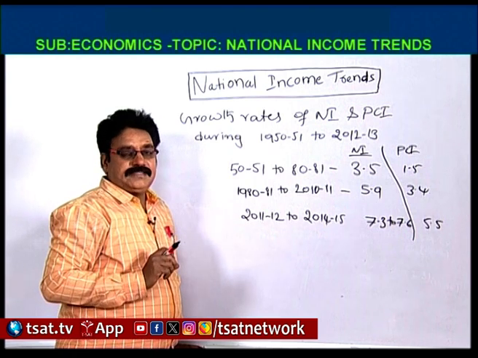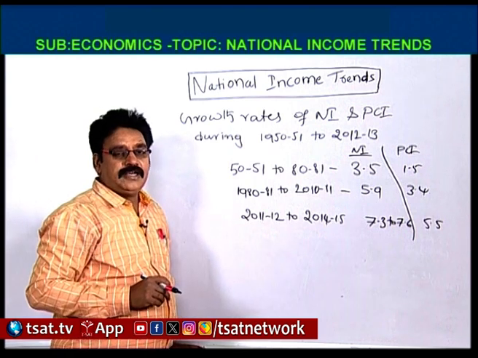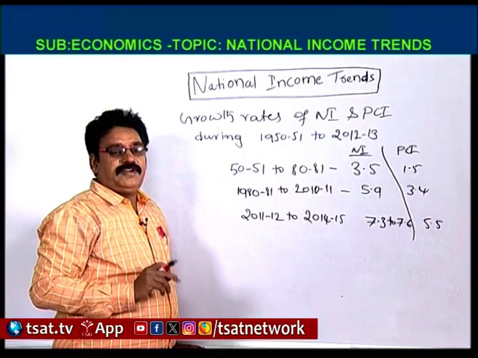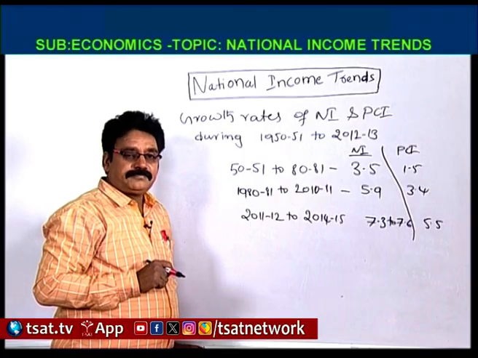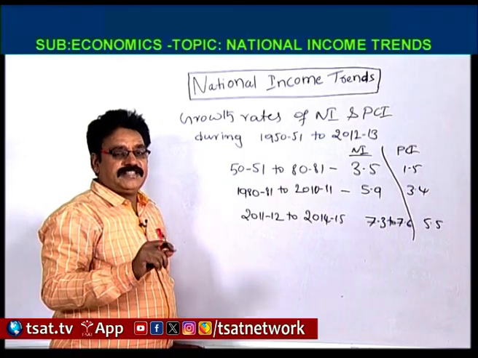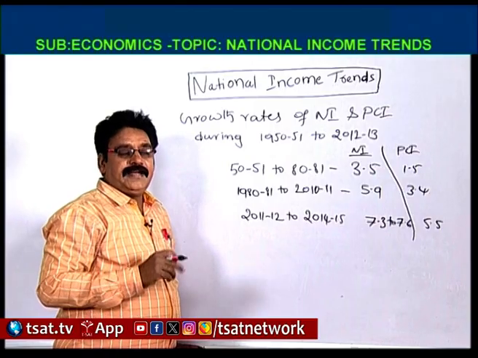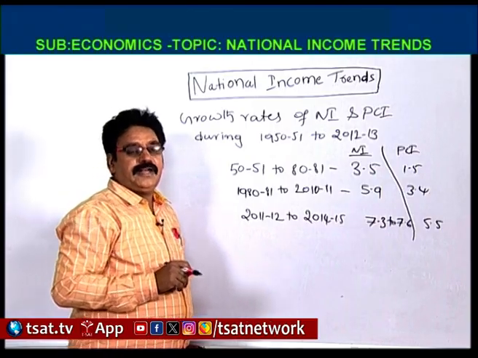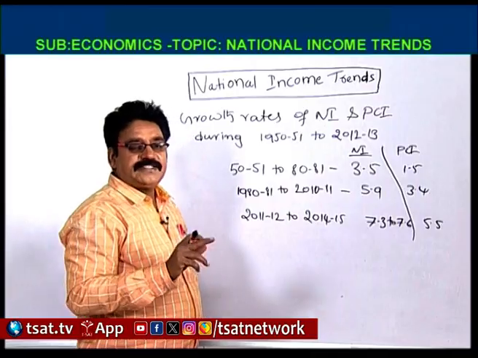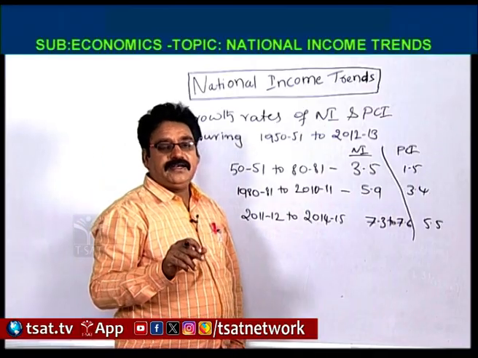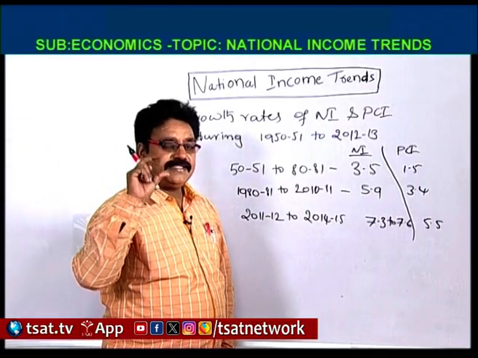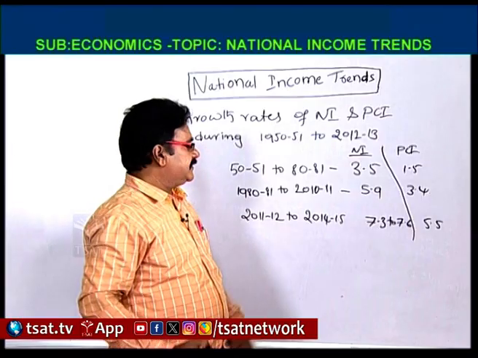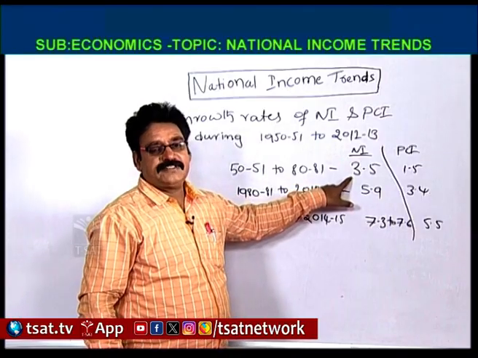Decade-wise, we can observe that data. First decade, 50-51 to 60-61, our national income growth rate is 4.2%, and 60-61 to 70-71, 3.5, and 70-71 to 80-81, 2.9. The average of these 30 years gives you 3.5%.